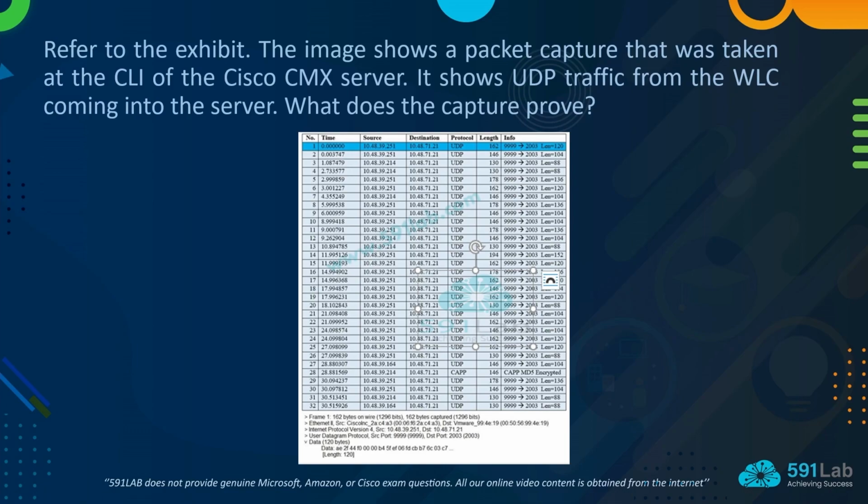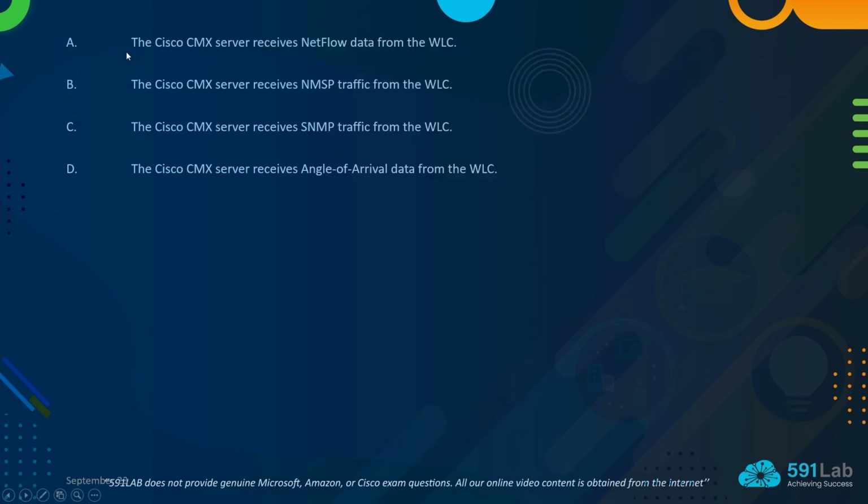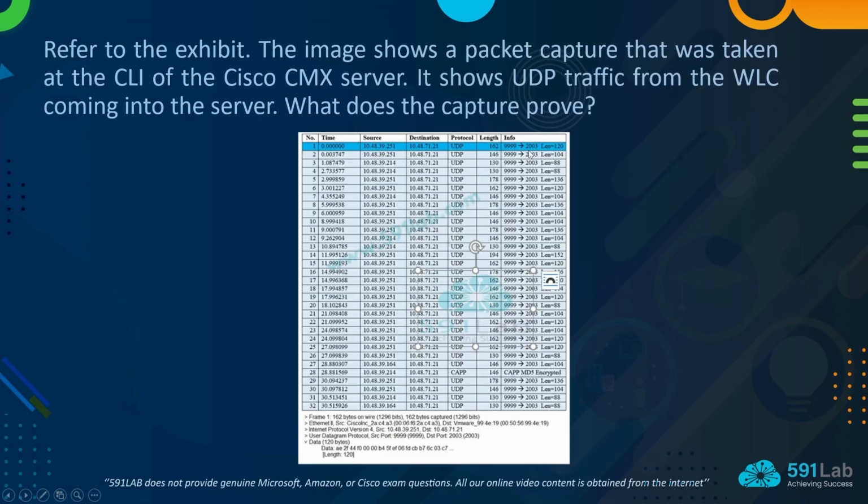So we need to understand which packet this is. Let's see what options we have. The CMX server receives NetFlow data from the WLC. What we need to understand is which one of these has the correct port, either 2003 or 49s.